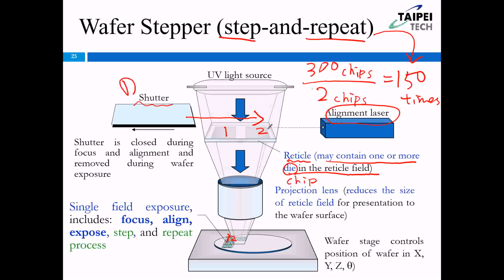Then the wafer stage moves on to the next location, so we step and repeat the process, until we finish all of the 300 chips on the 12-inch silicon wafer, okay?